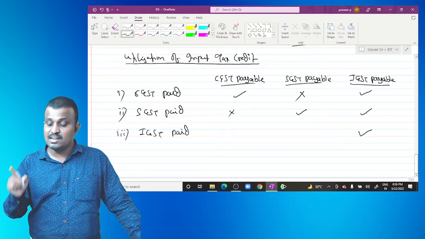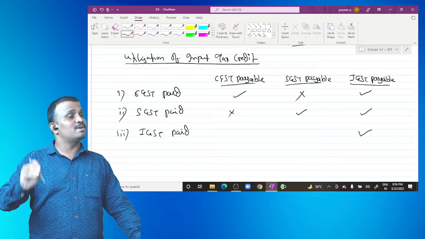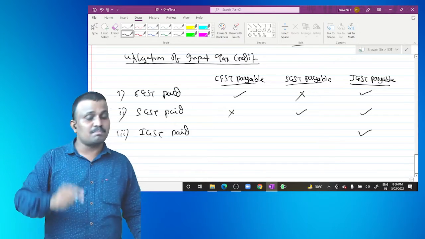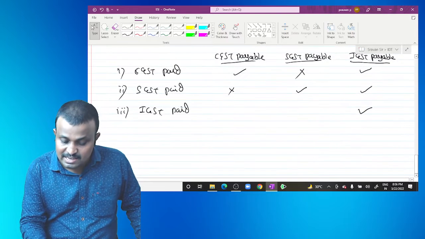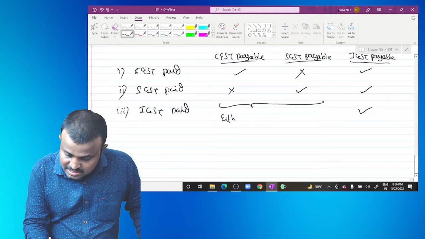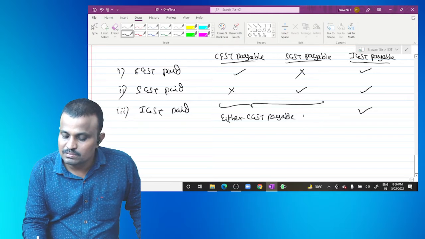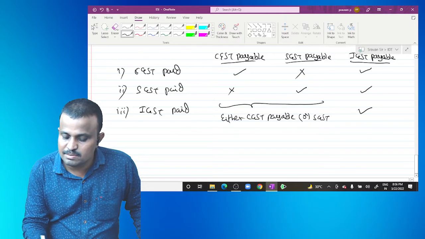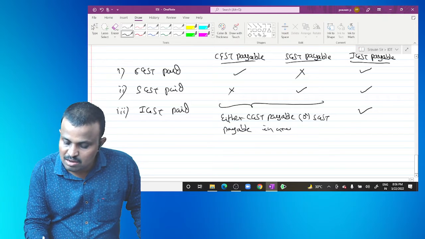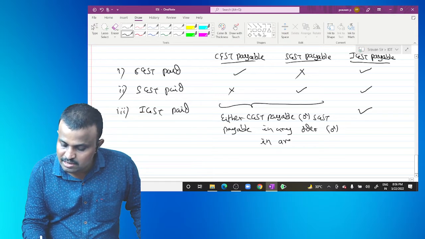If any surplus is available after adjustment against IGST, that can be adjusted against either CGST payable or SGST payable in any order or in any proportion.